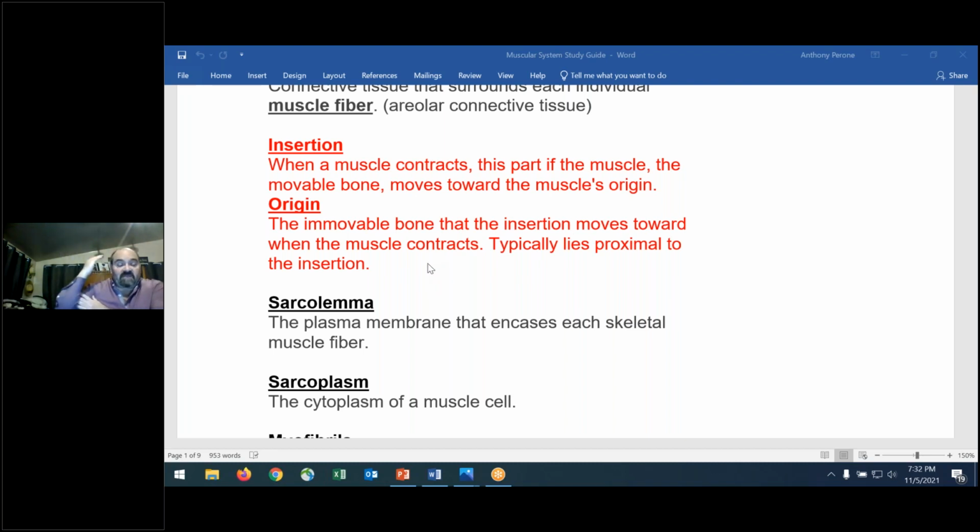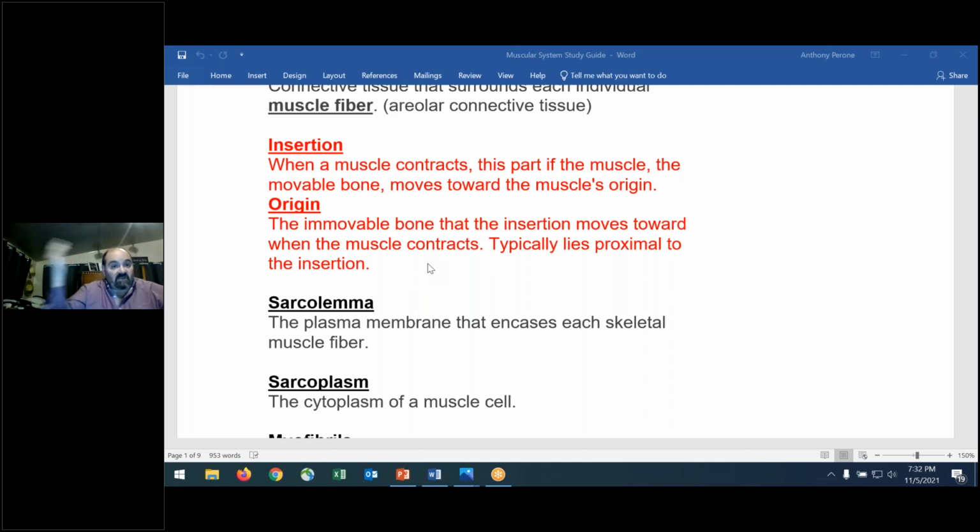Flexion, that's the action. Extension would be triceps brachii. So for this flexion action of the biceps brachii, is my shoulder moving? My shoulder's not moving, is it? So that's the origin. The insertion would be in the forearm.